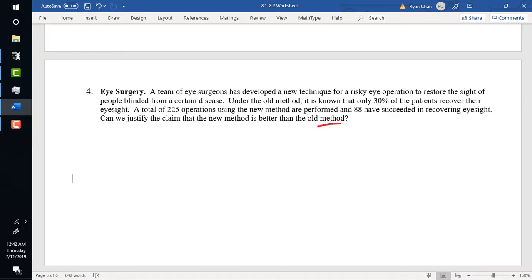It says new method is better than old method, and you're like, what do you mean by better? Well, it depends what we're talking about. When we're talking about method, we're talking about which method ends up having a higher percentage of patients recovering their eyesight. So if it's better, that means a higher percent recovers their eyesight. So that means my alternate will be greater than.